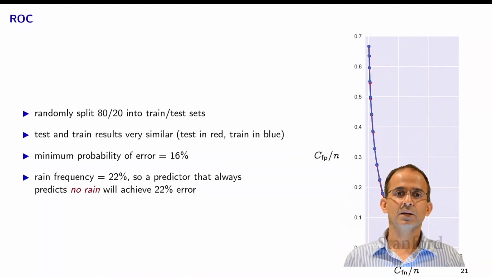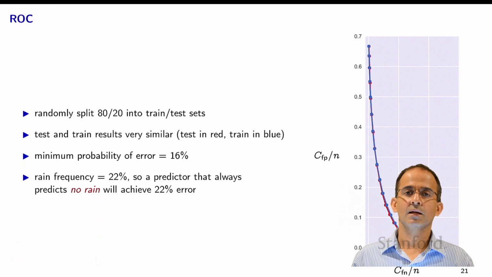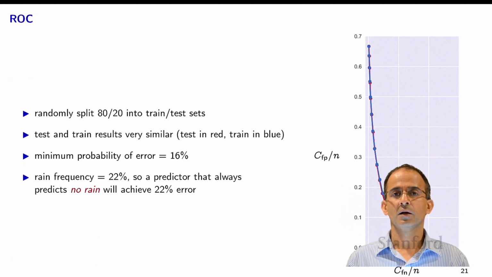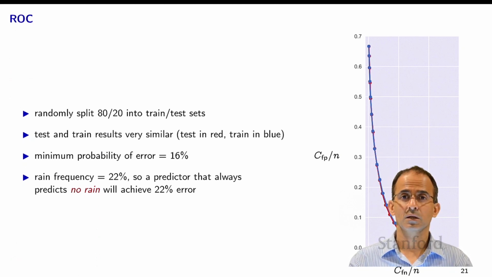Now we randomly split into an 80-20 training and test sets. It turns out when you do this that the training error and the test error, so the training empirical risk and the test empirical risk, are extremely close.